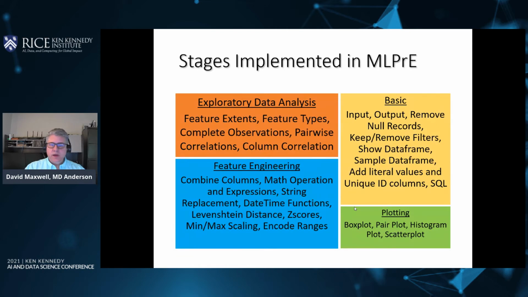Part of this is SQL, so we can actually run SQL queries, and that's very powerful. For feature engineering, we have math columns, combining columns, expressions, computing things like Lagrange sine distances between columns, and other functions like date and time, which are useful. We've also extended this to add plotting, so we can do box plots, pair plots, scatter plots, and so on.